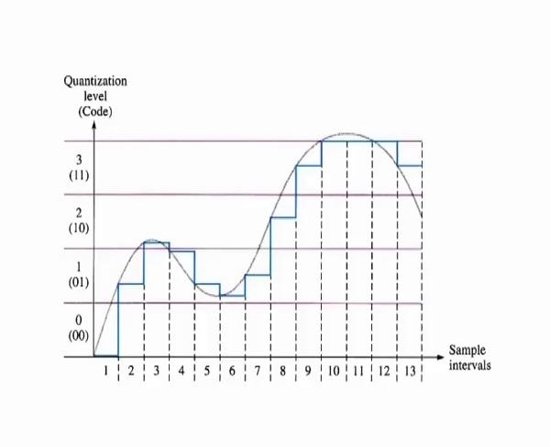To illustrate, let us quantize a reproduction of the analog waveform into 4 levels, that is 0 to 3. Note that each quantization level is represented by a 2-bit code on the vertical axis, and each sample interval is numbered along the horizontal axis.